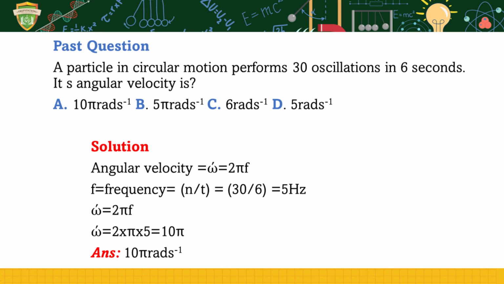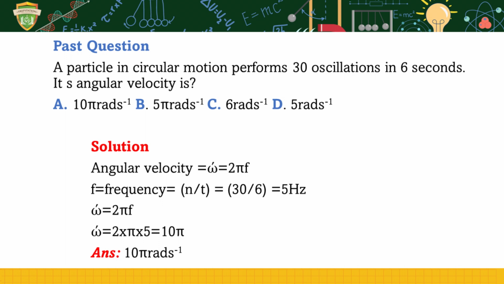So what is the formula for angular velocity? Angular velocity is given as 2 pi multiplied by your frequency. And how do you get your frequency? Your frequency is the number of oscillations divided by the time taken. So you have 30 oscillations divided by 6 seconds, which gives 5 hertz.